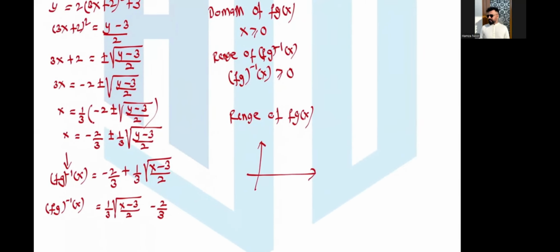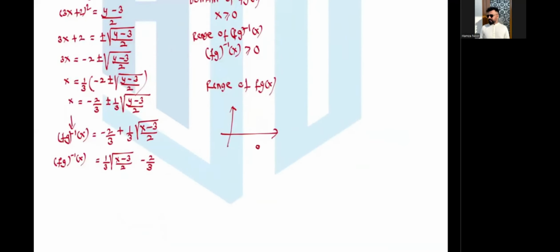When the input of the g(x) function is 0, we get 3 times 0 plus 2, so the output is 2. This means that here we have the g(x) graph for the restricted domain x is greater than or equal to 0, and the range of the g(x) function is g(x) is greater than or equal to 2. This is the range of g(x).